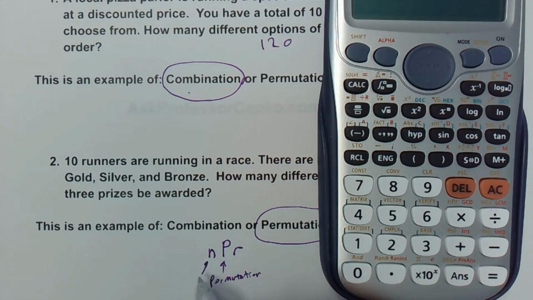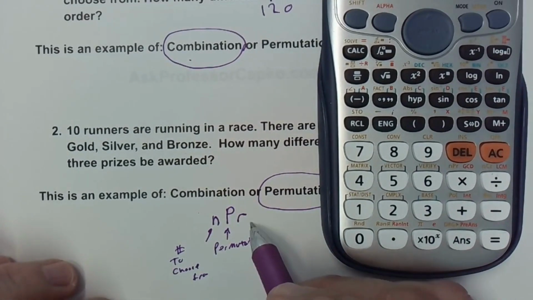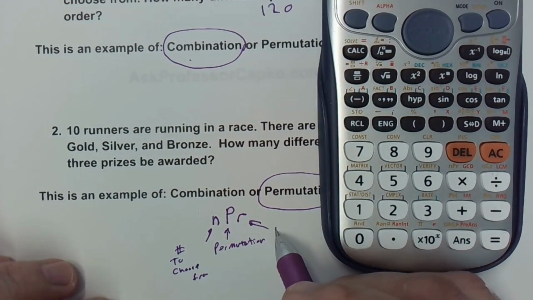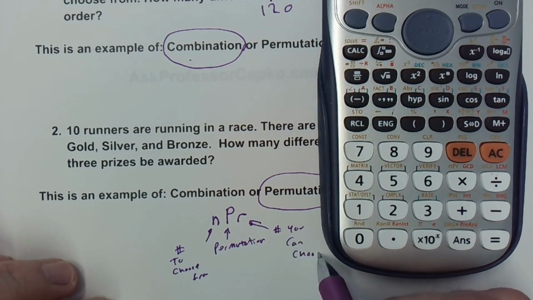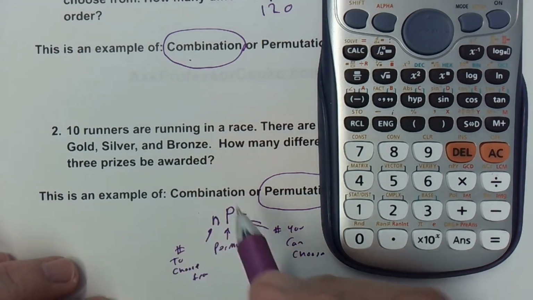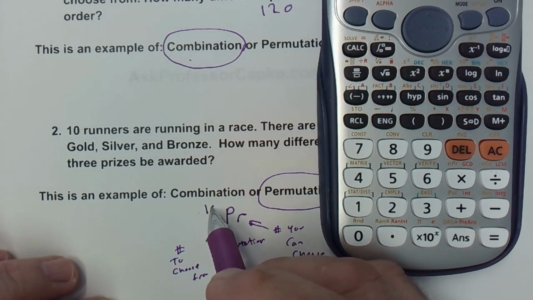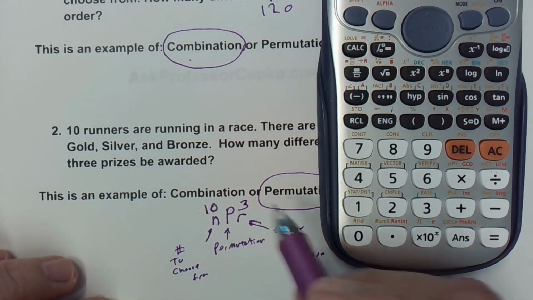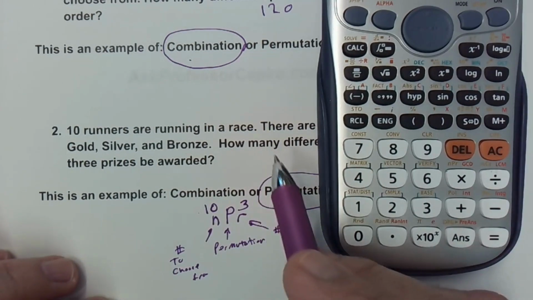Again, N is the number to choose from, and R is the number you choose. So once again, we have 10 runners, so 10 possible people who can win, and we have to choose 3 because there's a first, second, and third place.